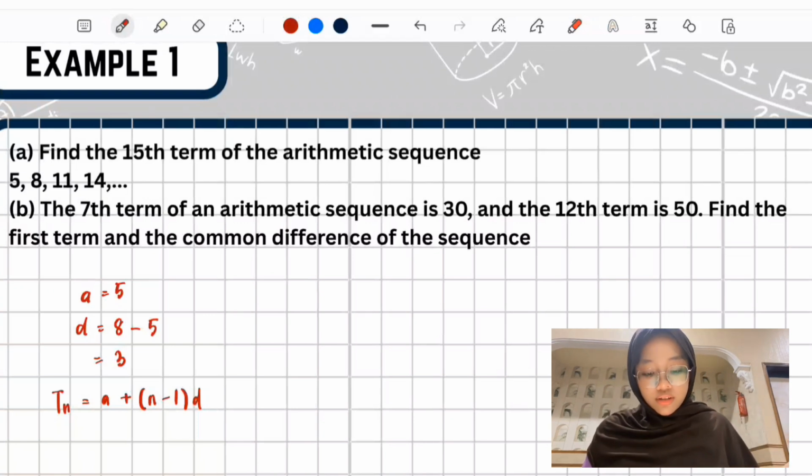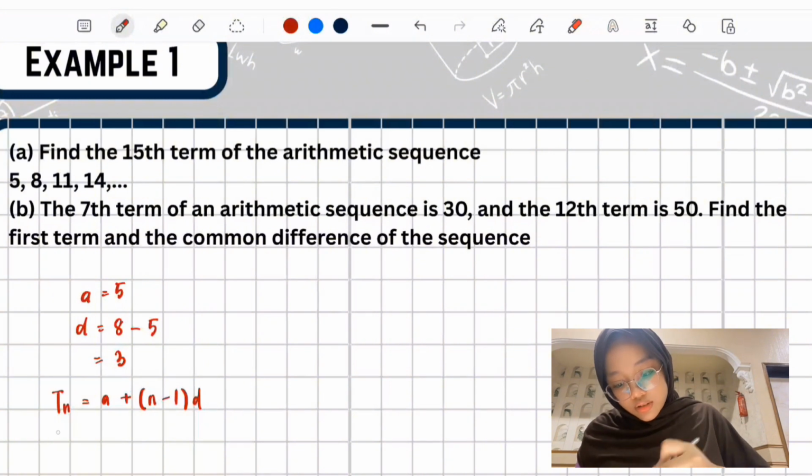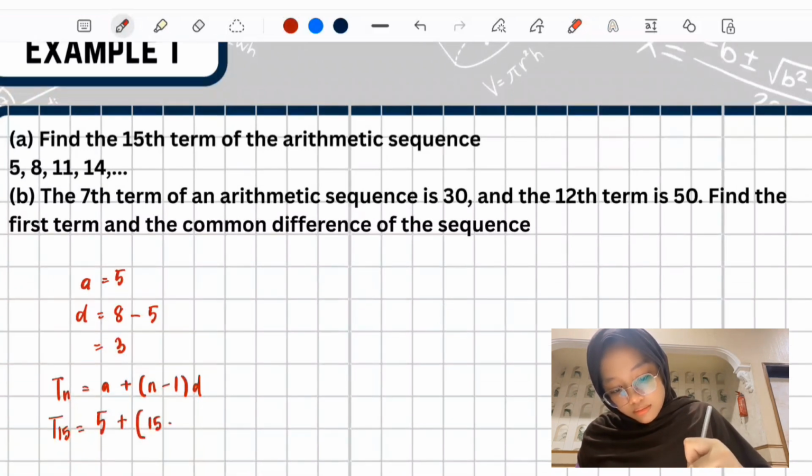Just substitute the numbers for the 15th term. So it should be like this: a is 5, plus n is 15 minus 1, d is 3.